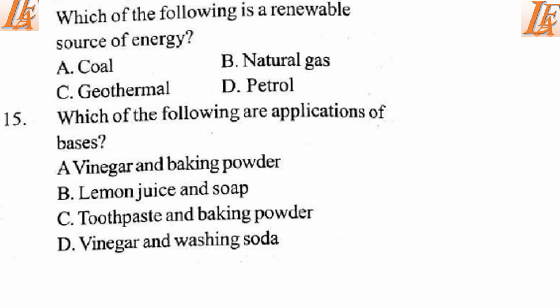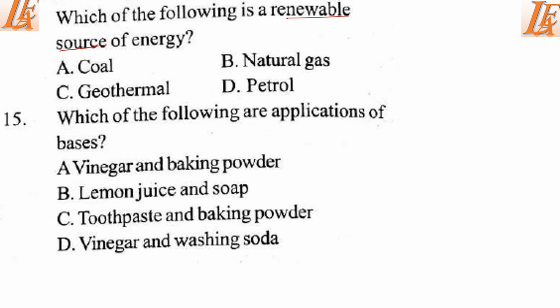Question 14. Which of the following is a renewable source of energy? We define renewable sources of energy as natural resources that can be replaced naturally within a very short time, and they are essentially inexhaustible.